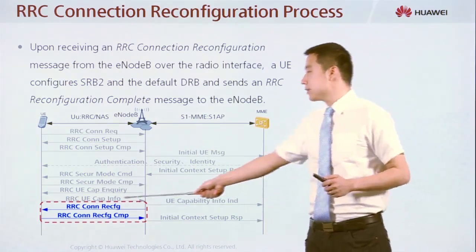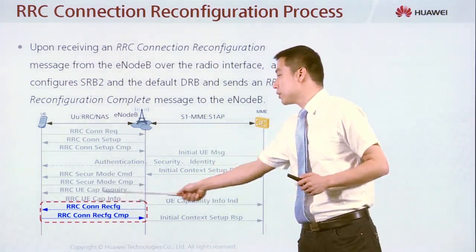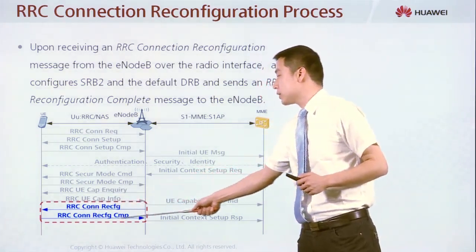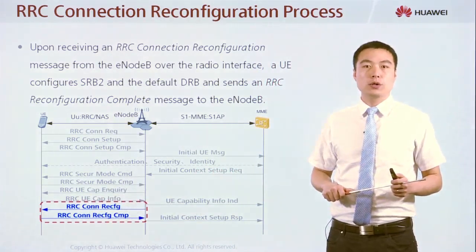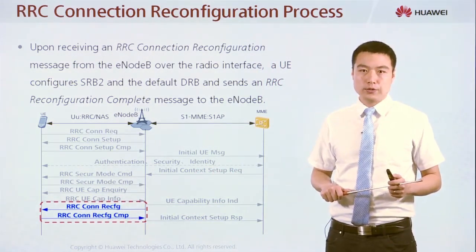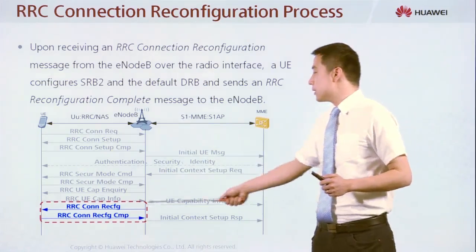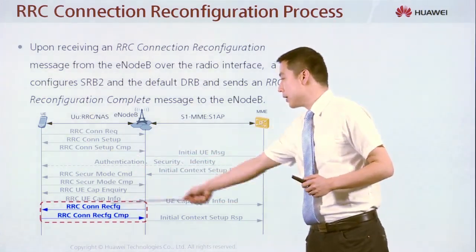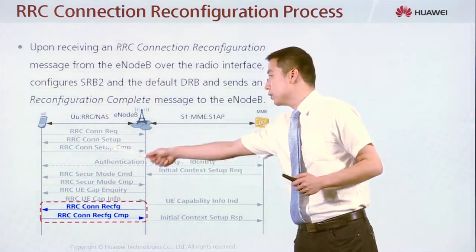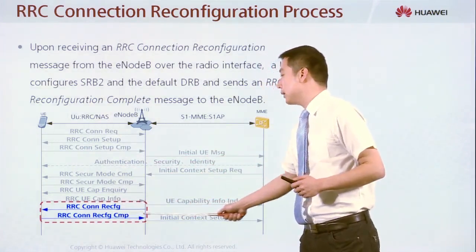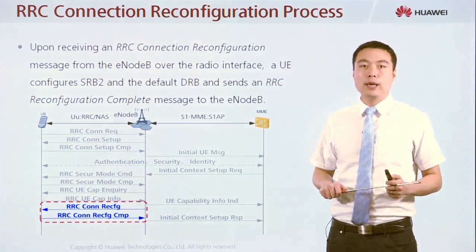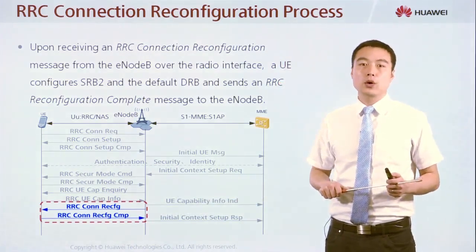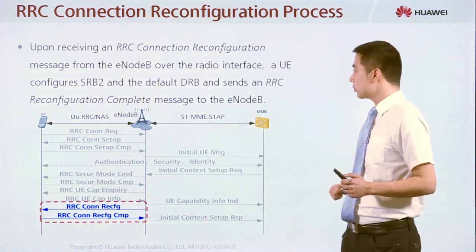These 2 messages, RRC connection reconfiguration and RRC connection reconfiguration complete, are used for radio resource allocation. The eNode B sends RRC connection reconfiguration to the UE, and the UE will reply with the complete message to the eNode B.